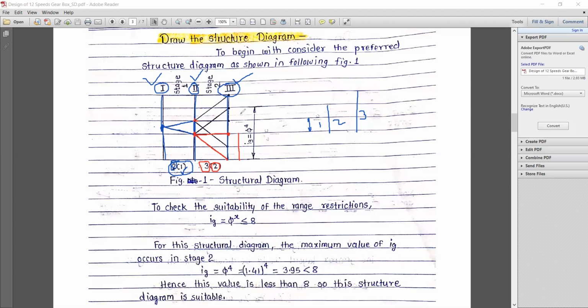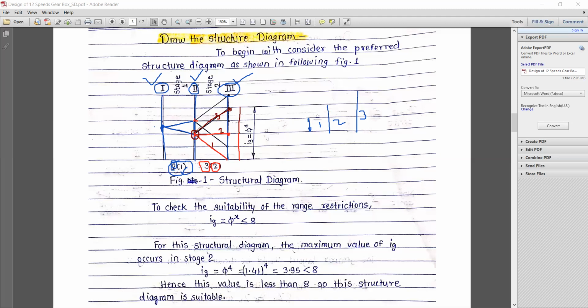So again draw 2 spacing. Again, from here to here, spacing 2, we need this point. Draw this line. So in this manner, first, second, and third, we get proper 3 outputs from this single input.